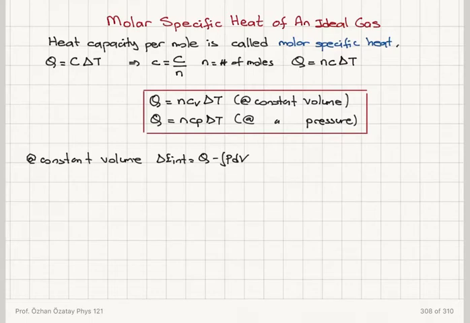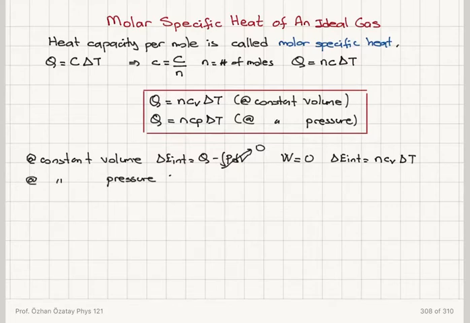Since the change in volume is 0, the work done is 0. Therefore, the change in the internal energy is given by N Cv delta T.